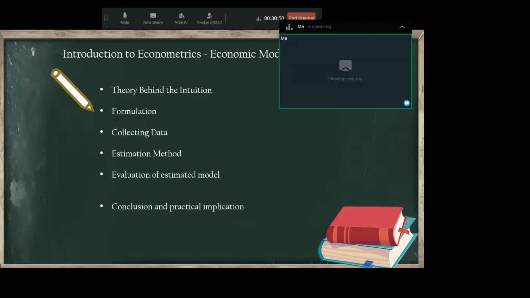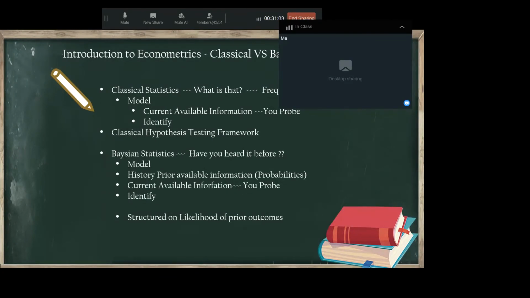Now, let's move ahead with classical versus Bayesian statistics. This is really important because throughout the whole of econometrics, we're going to use classical statistics and Bayesian statistics a lot. What is classical statistics?